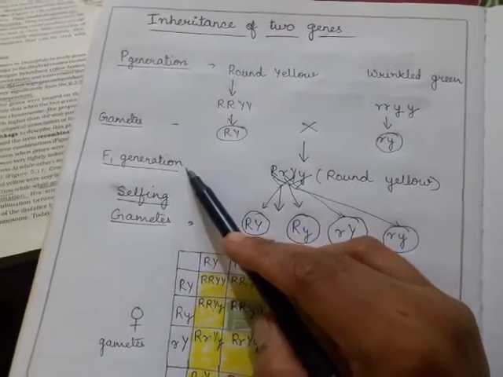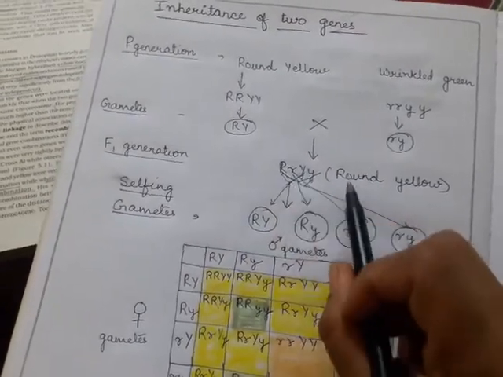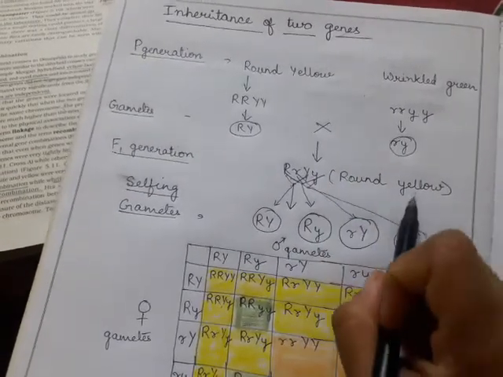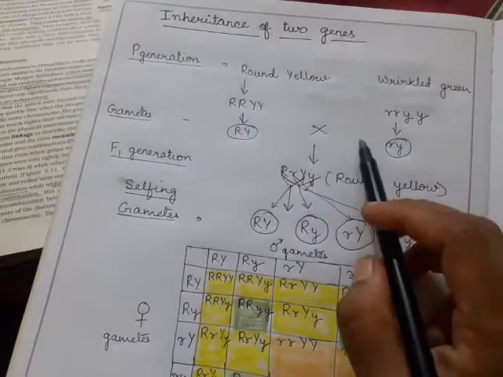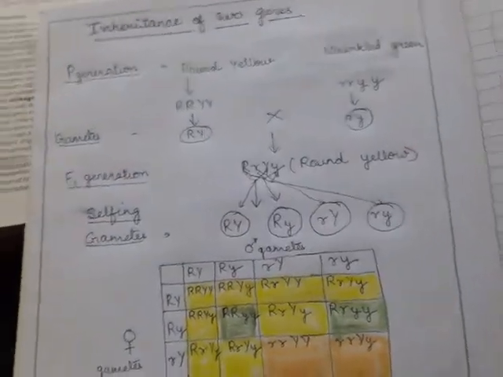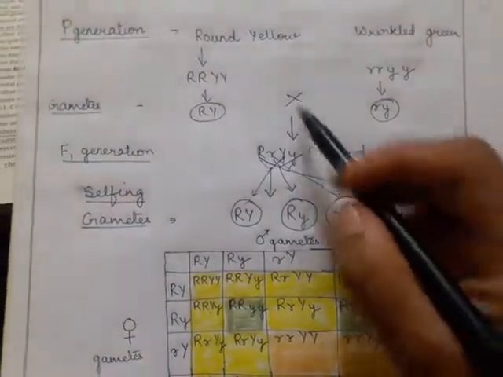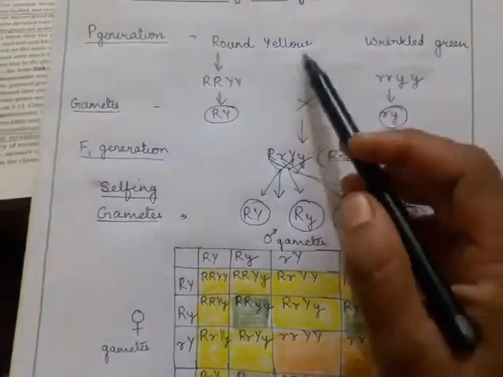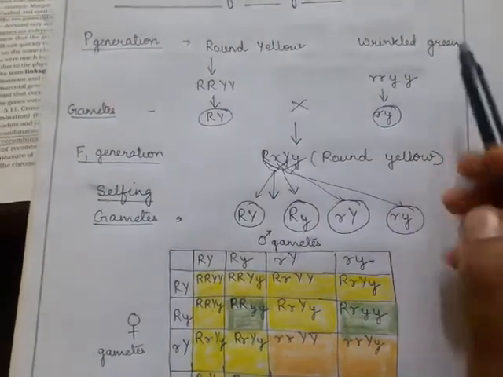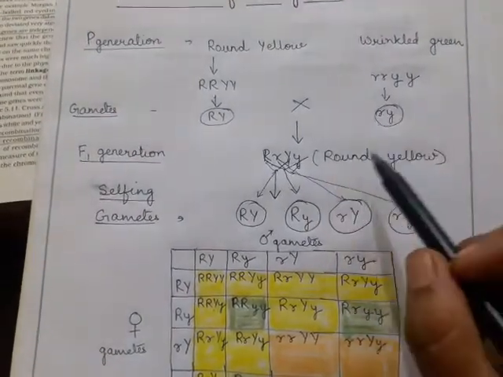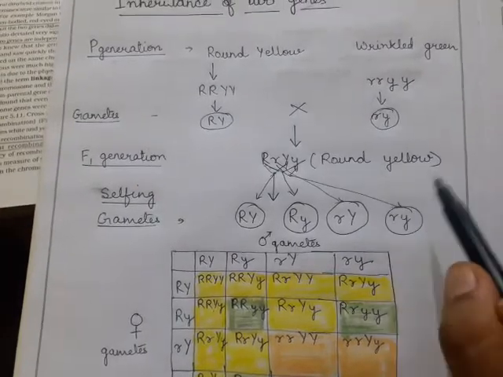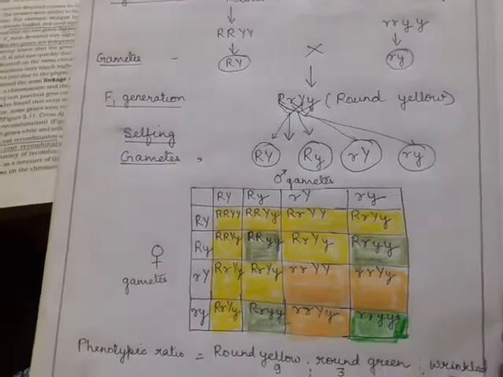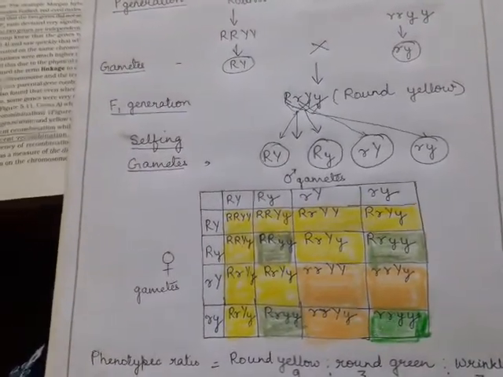In the F1 generation, the result is round yellow, because from this it was found that round shape is dominant over wrinkled shape, and yellow color is dominant over green color. So round and yellow are considered dominant alleles over wrinkled and green.